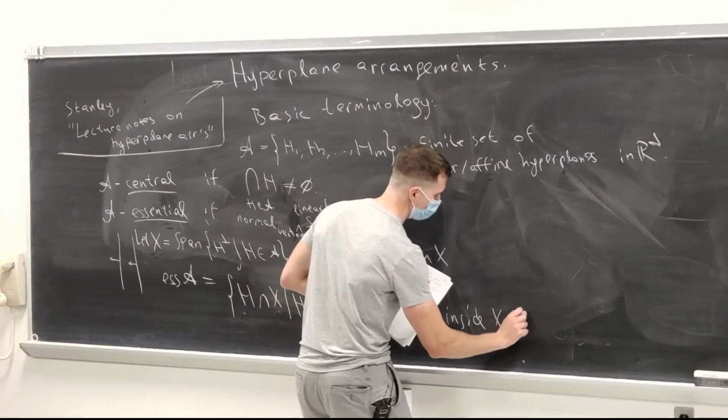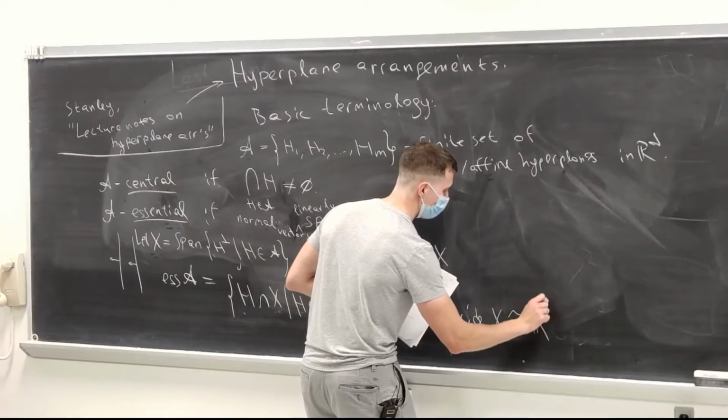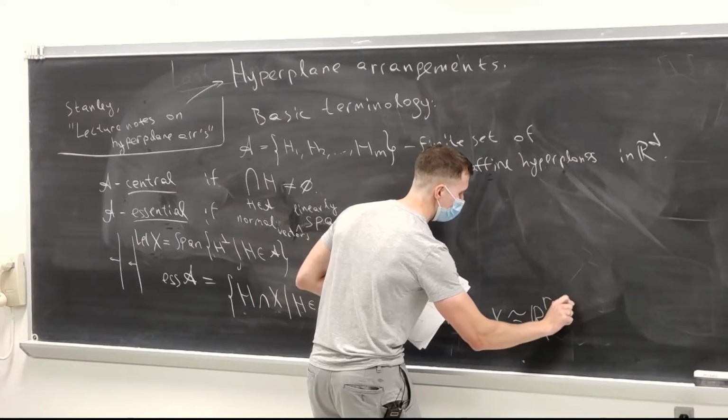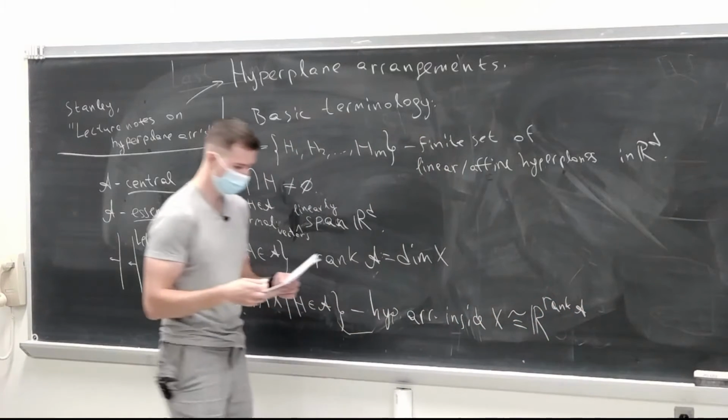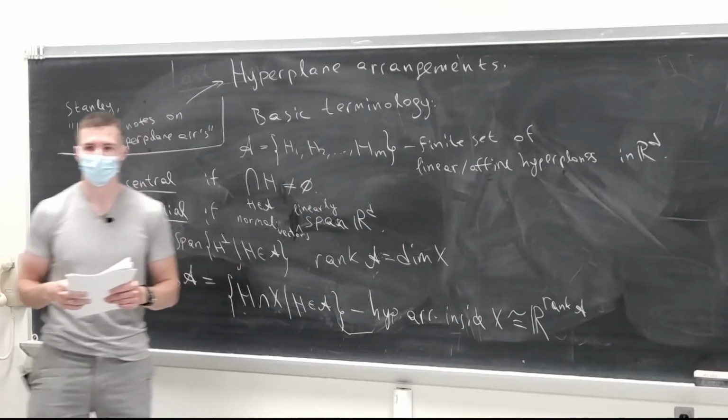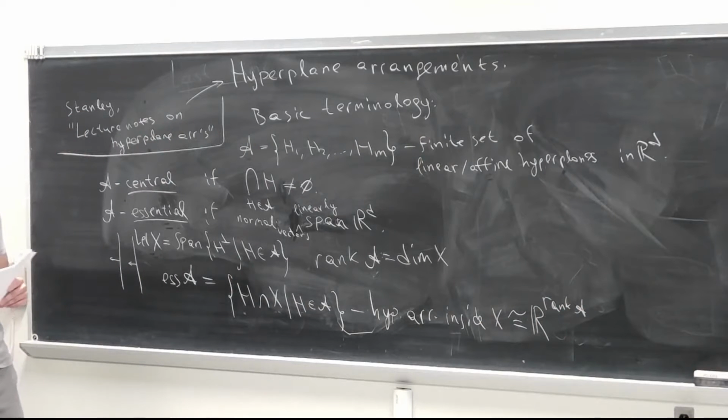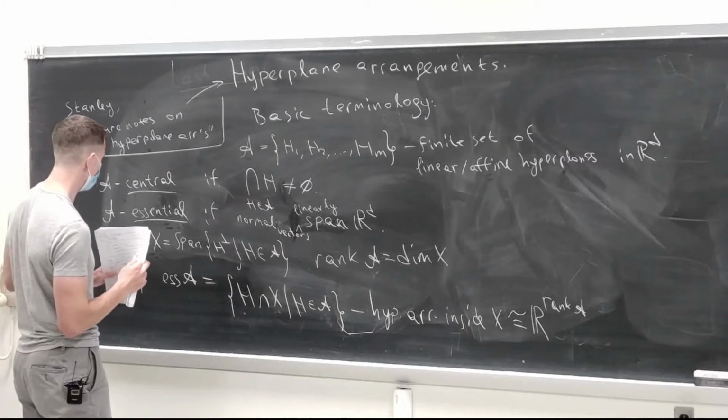Which X is, of course, a linear space, R to the rank of A. How do I know that they're all what? Right, so that's a good question.